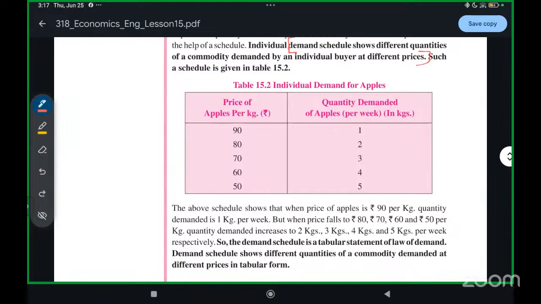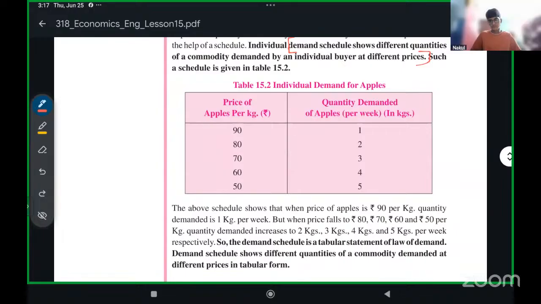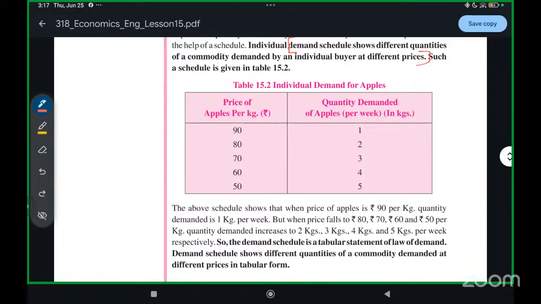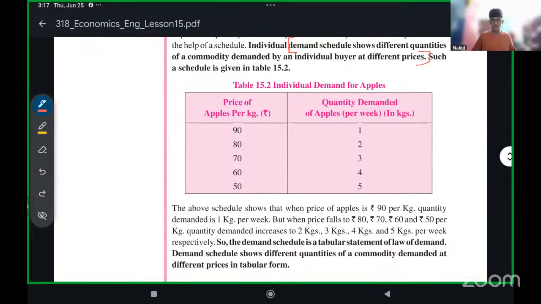Price you always take on the y-axis, and quantity demanded you take on the x-axis. So that's what we'll do. I'll make a table and then you can make a graph with it.